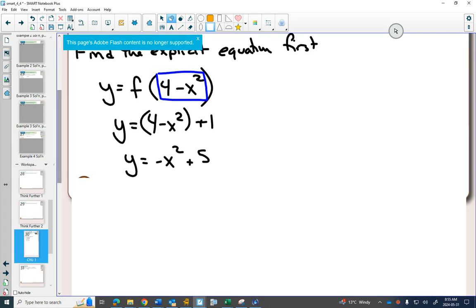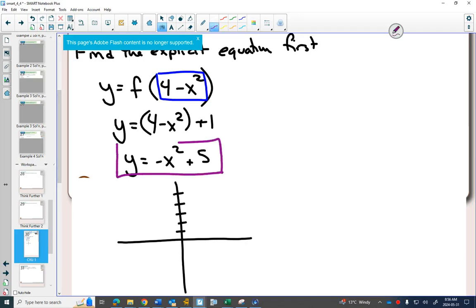So now, 1, 2, 3, 4, 5. I would have a parabola. I'll graph this one in purple. Parabola that's flipped down.